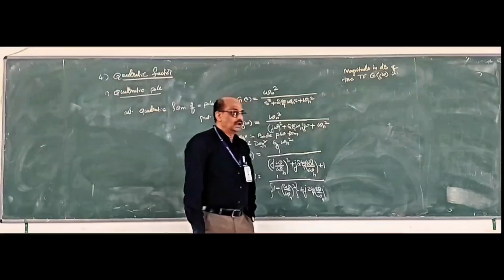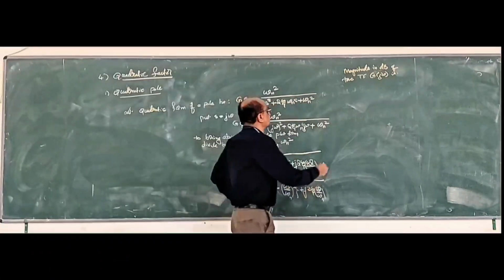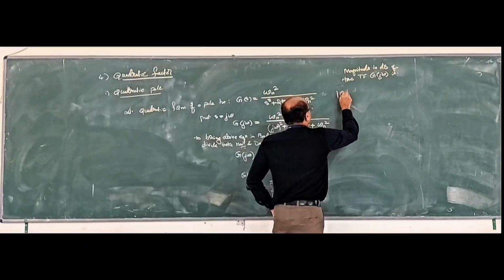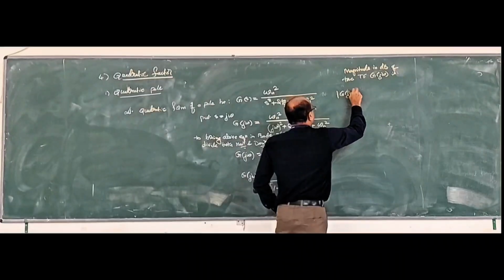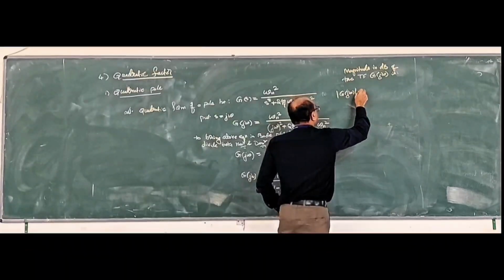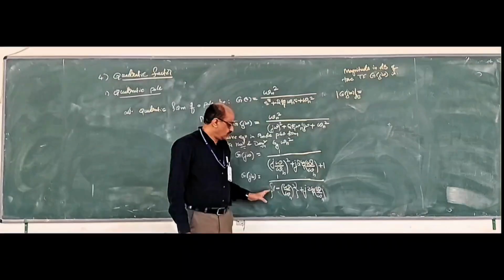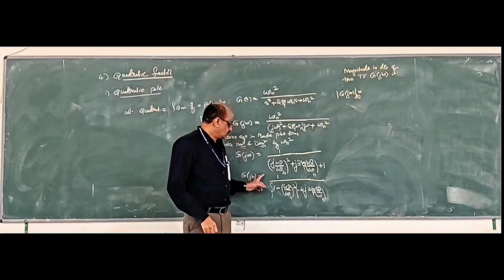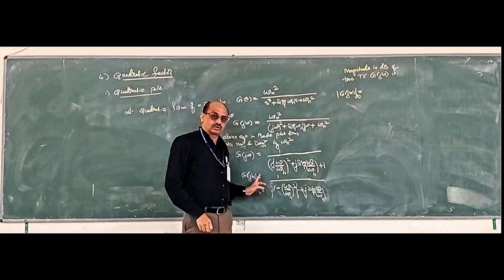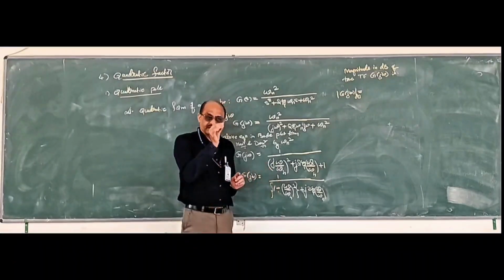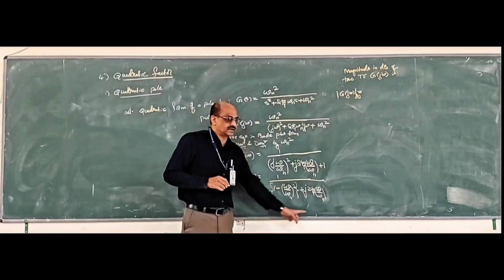Let me express it in the form of G of j omega dB. What is that now? When I take 20 log 1, that becomes 0, minus this one.